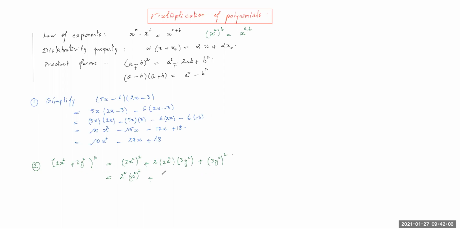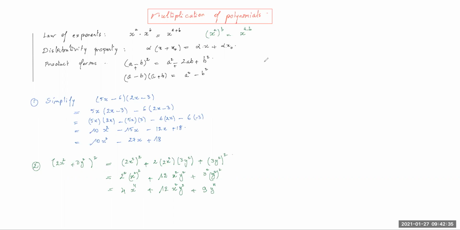Here you group the constants, 2 times 2 times 3, so 4 times 3, 12, then x squared y squared, and here also 3 to the power 2 and y squared to the power 2. So finally I will get 4x to the power 4 plus 12x squared y squared plus 9y to the power 4.